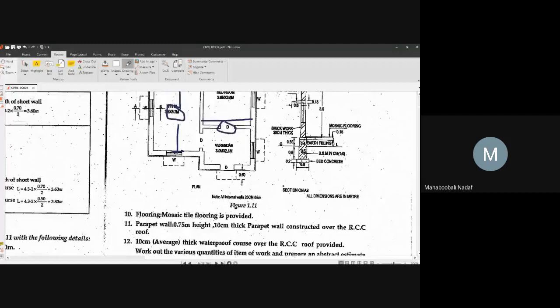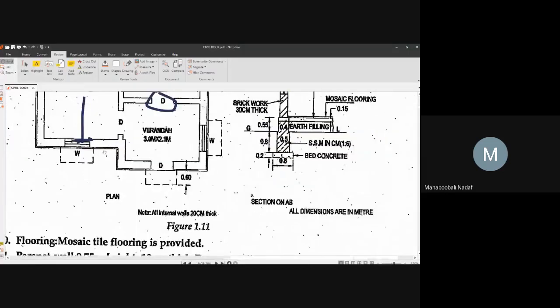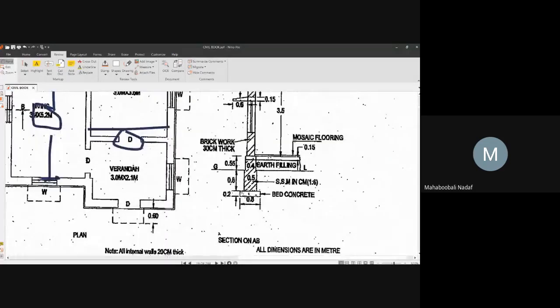Now, can you see this diagram? How many footings are there? 2. See here, two foundations: one step, second step. For this step it is 0.5, for the second step it is 0.4. How to calculate this height?